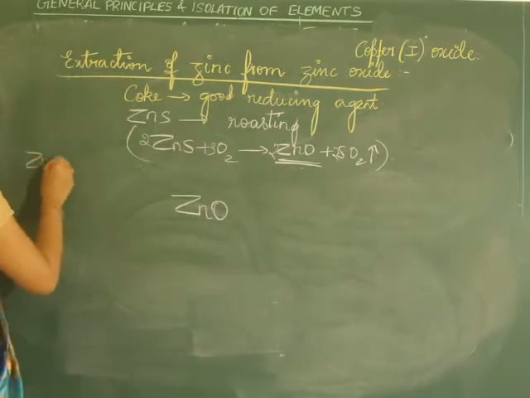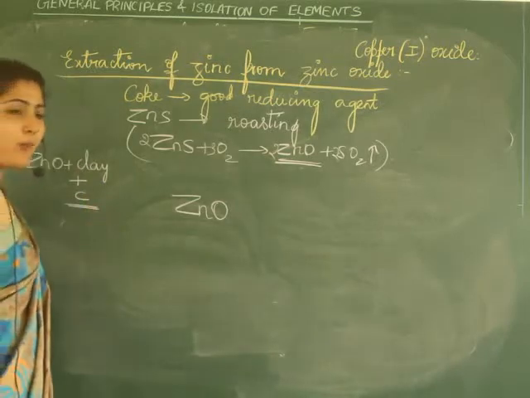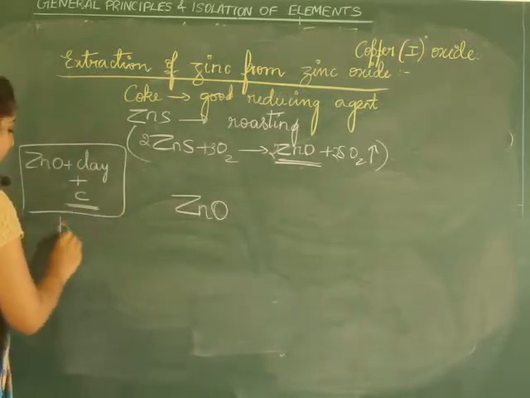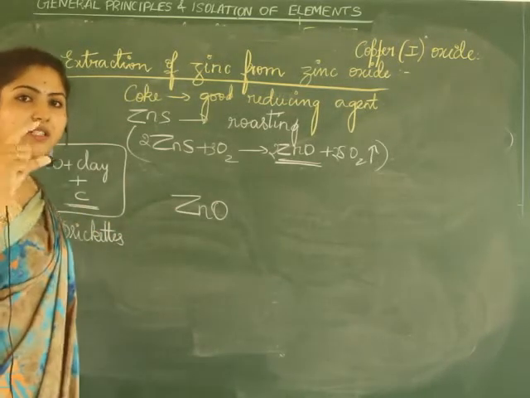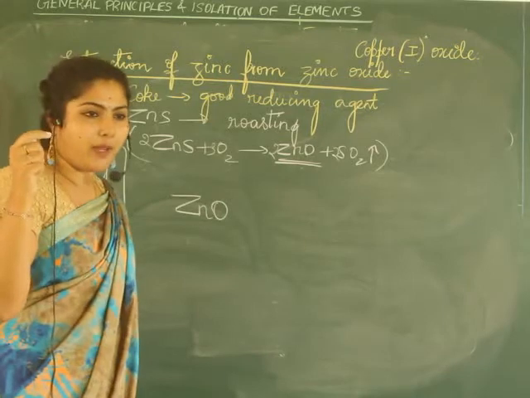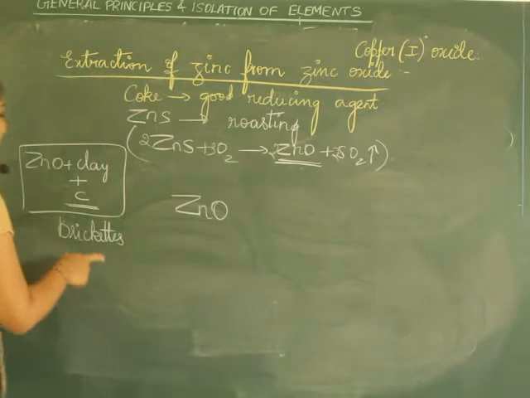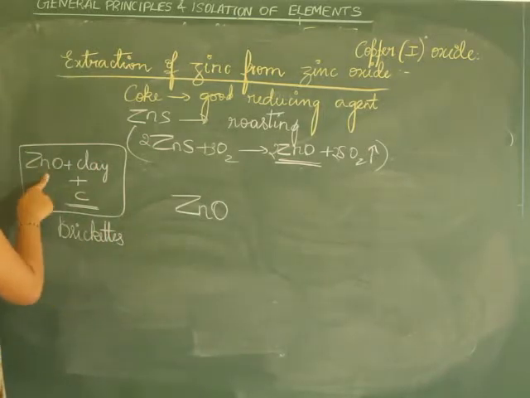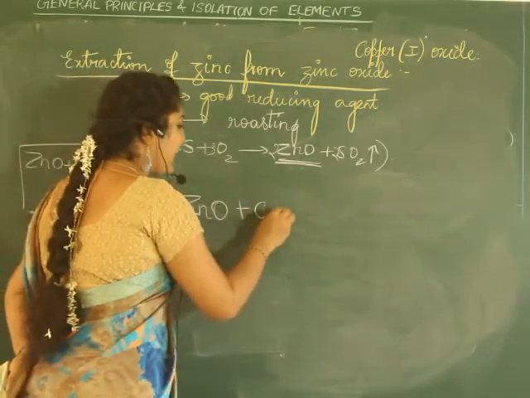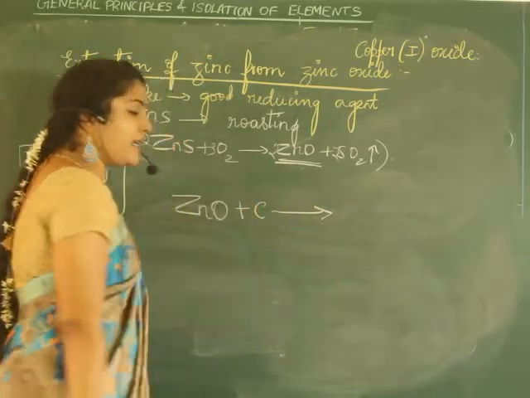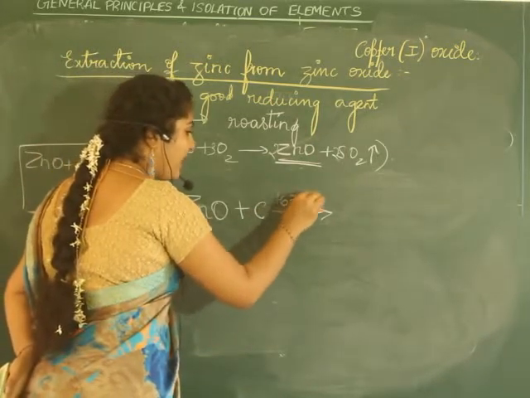So zinc oxide is mixed with clay and coke, that is carbon, and briquettes are formed. Briquettes means small cylindrical shaped pieces. Briquettes of zinc oxide with clay and coke are prepared and heated to a high temperature of 1673 Kelvin.